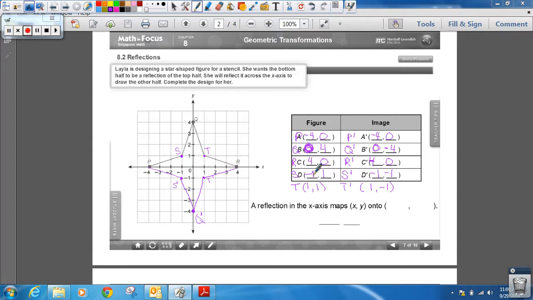Again, on S, the x stayed the same, but the y is the opposite, 1, -1. And the same is true on T. So that means our generalization is that x remains the same, but the y is the negative y, or the inverse of y. So your reflection over the x-axis gives us x, negative y.